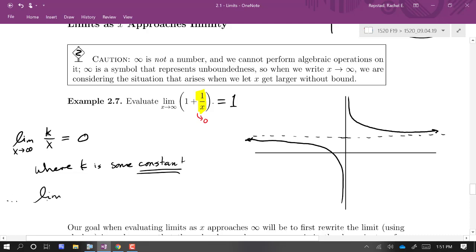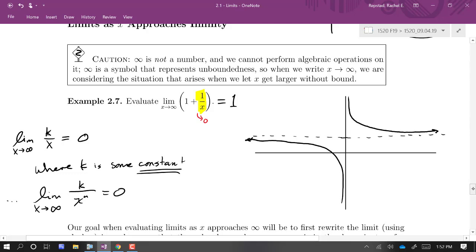The limit as x approaches infinity of k over x to the n is 0. So k over x squared, k over x cubed, k over the square root of x. As long as it's not a negative exponent, because that flips it up to the top, that's always going to be 0, right? If x approaches infinity, the square root of x also approaches infinity. It just does it slightly slower. If x approaches infinity, x squared definitely approaches infinity. So these types of limits approach 0.